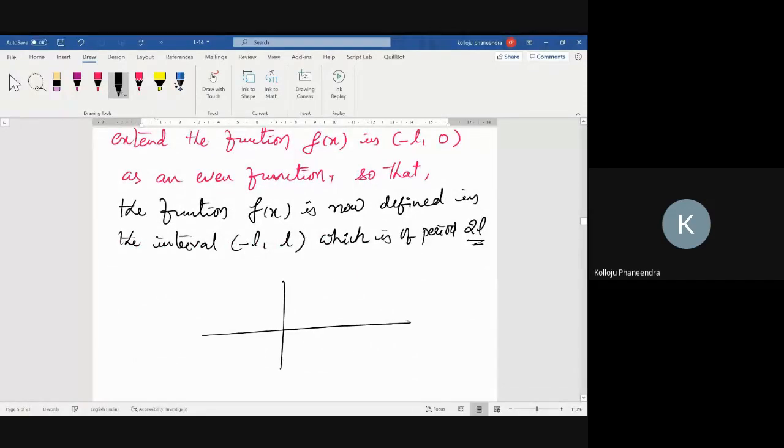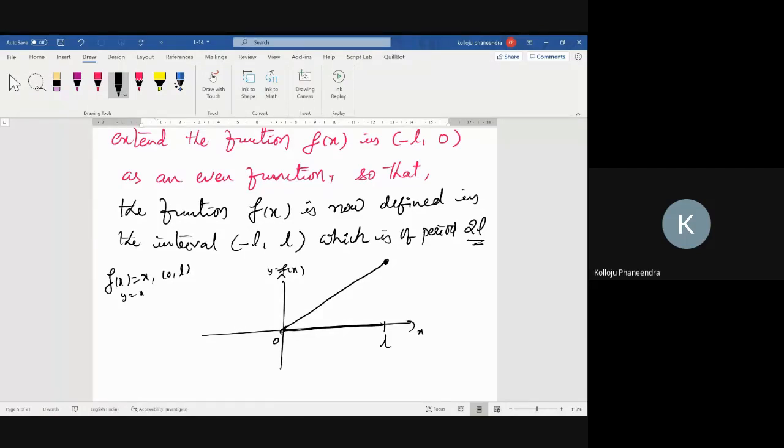For example, f of x equal to x function in 0 to L. This is x and this is f of x. This is nothing but y equal to x, right? So y equal to x in 0 to L, this is my L. In 0 to L, this is a straight line, right?